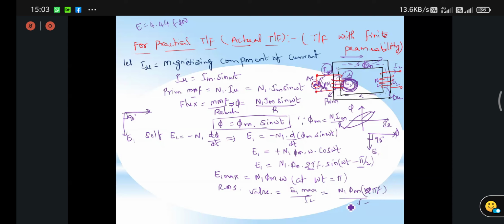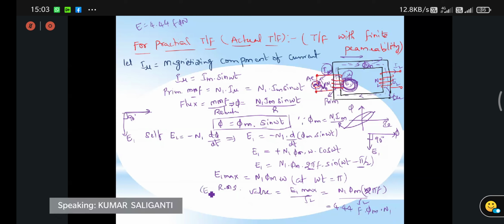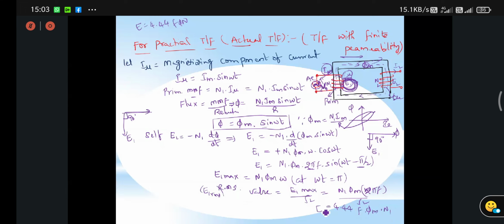Finally we get 4.44 f phi m N1, which is the E1 RMS.